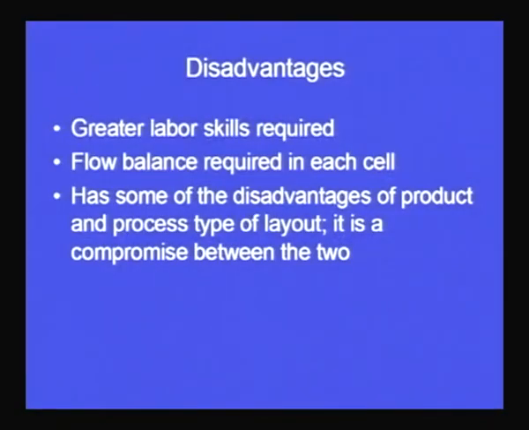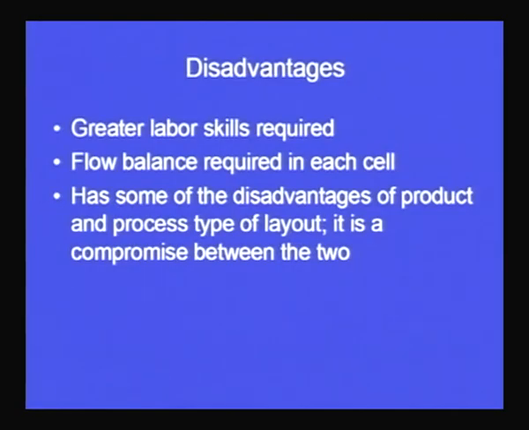Labor skills required would be increased in cellular type of layout, because initially when a person was in one particular section in process type of layout, he would be requiring a certain skill set. But in cellular type of layout, within each cell there are different machines, different equipment, so he needs to be an expert of all those equipment. So greater labor skills would be required in cellular type of layout.